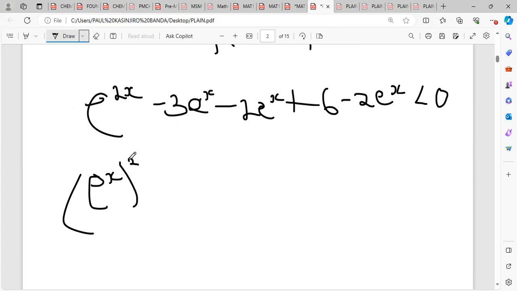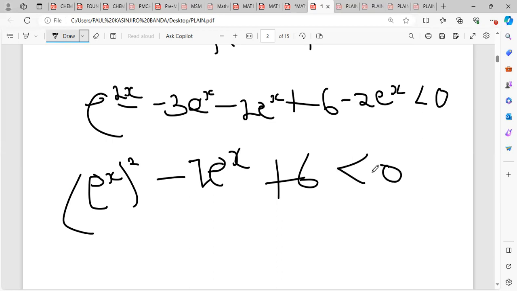Then we have a minus 3e power x minus 2e power x, meaning there we have minus 7e power x. Then we have a plus 6, less than 0.